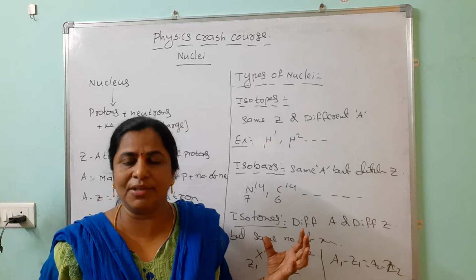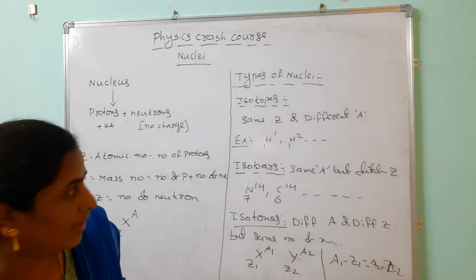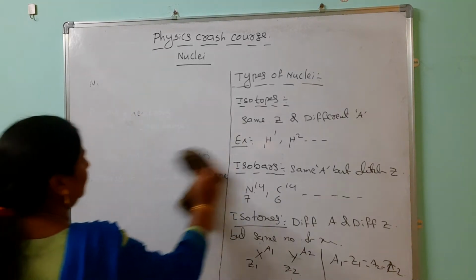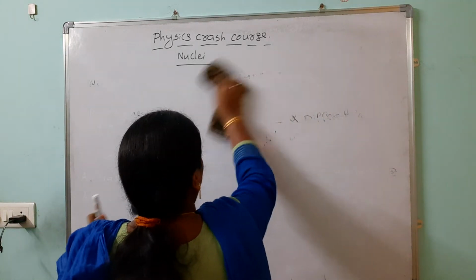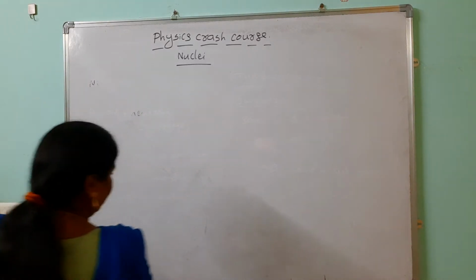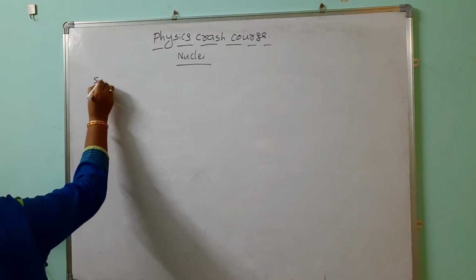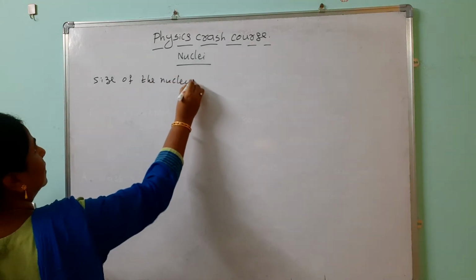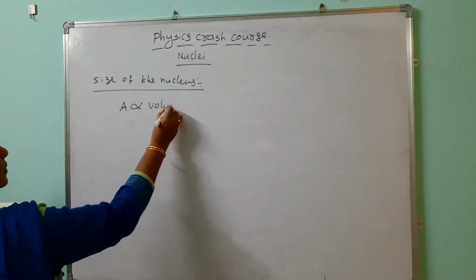Then what is the relation between the radius of the nucleus and the mass number? See, always you should remember that when we go through the size of the nucleus, we can give the relation between volume and mass number. You know that mass is directly proportional to volume. So mass number is directly proportional to volume.